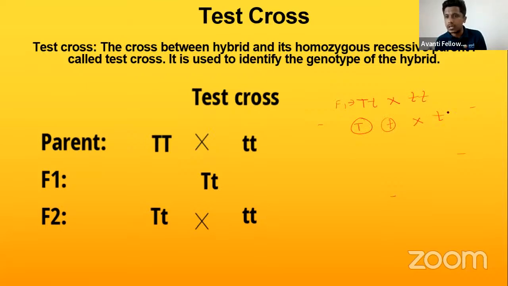So what is the possibility, students? So we get the next generation capital T small t, capital T small t, small t small t, small t small t.